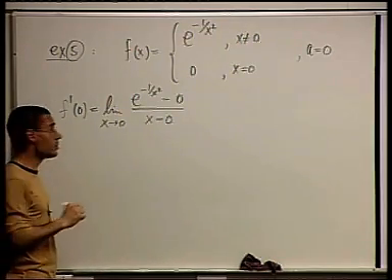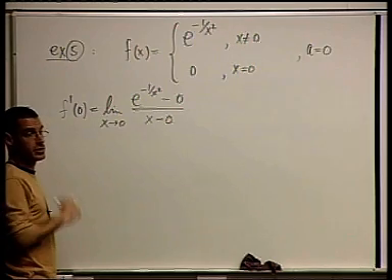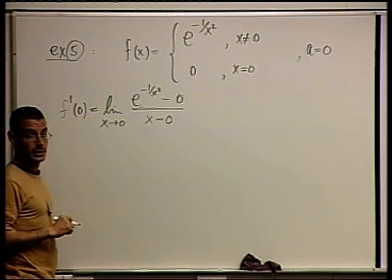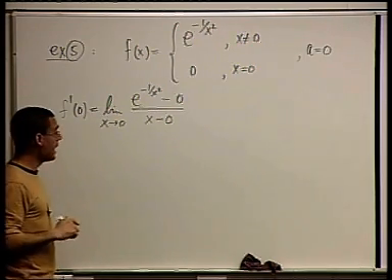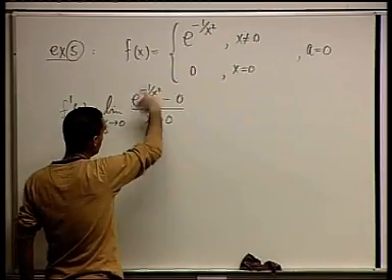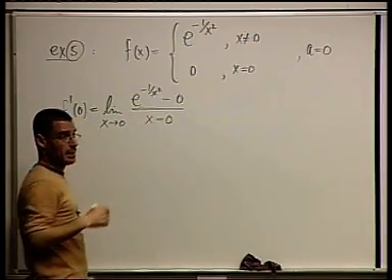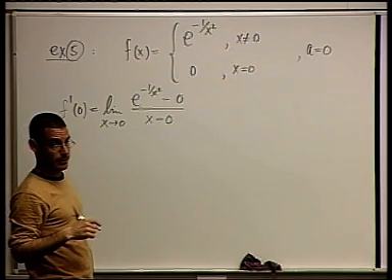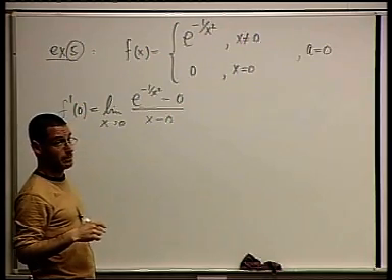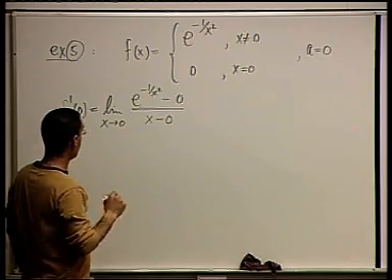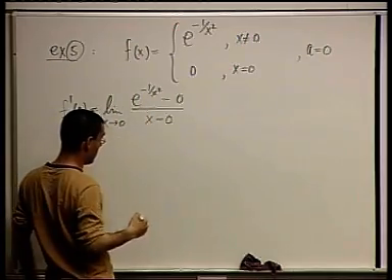Do you agree that this is what you have to do, and this is the limit you have to calculate? Good? And this is very similar to an example that I mentioned last time for L'Hôpital, if I remember correctly. But in any case, I'll tell you what's going on here.